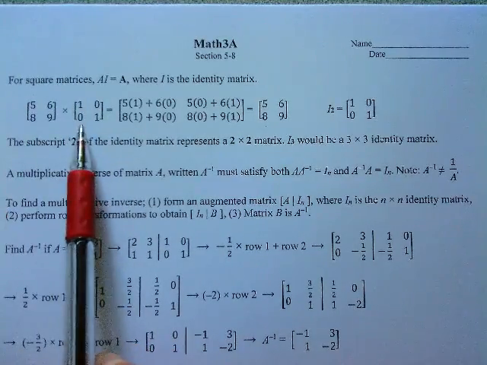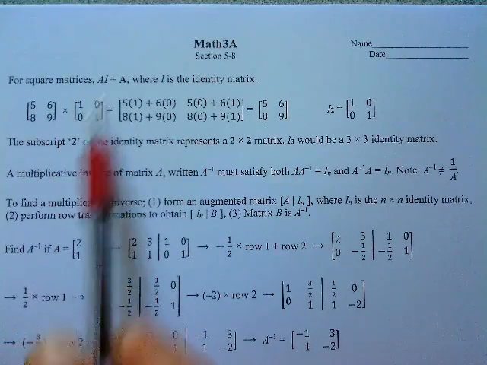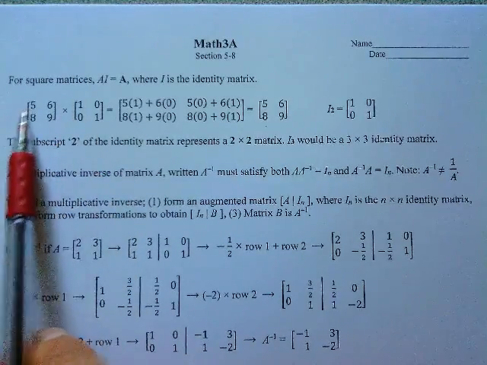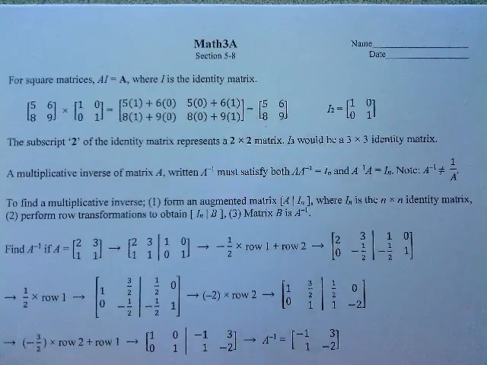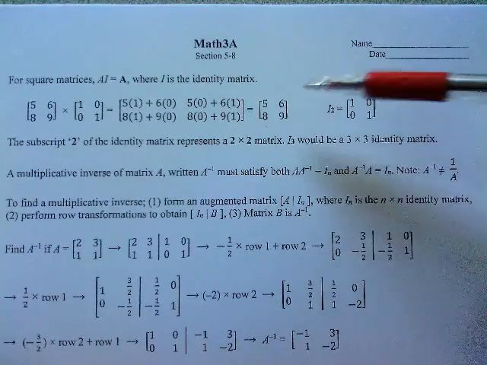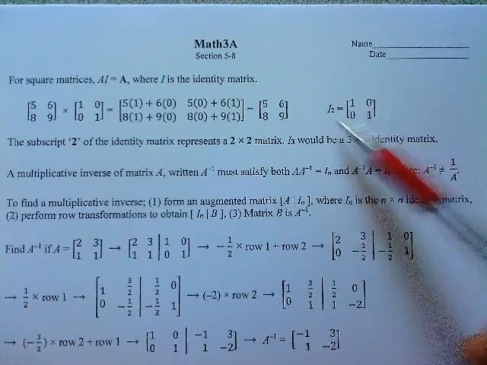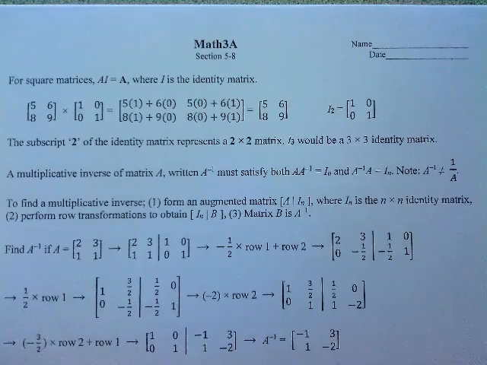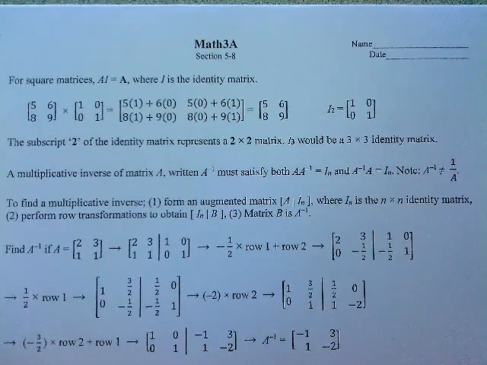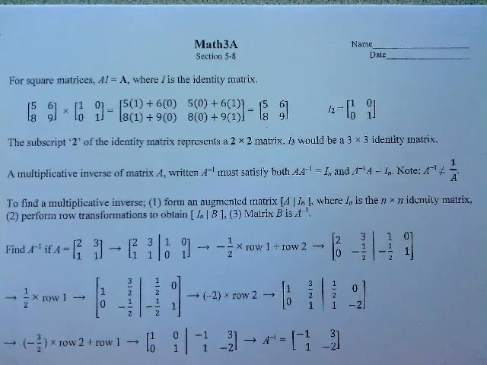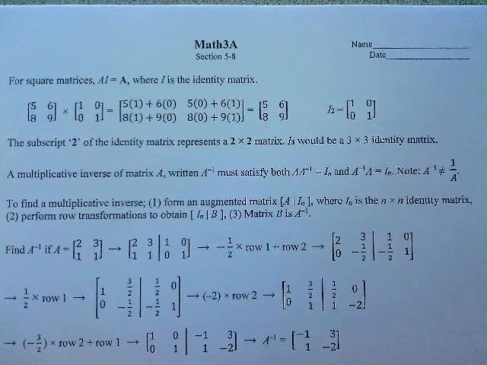If it was a 3 by 3, then it would be 1, 1, 1, and all the rest zeros. But note, after doing the multiplication, we end up with the same element by element matrix that we started with. And so the I2 in this case stands for a 2 by 2 identity matrix. I3 would be for a 3 by 3 identity matrix.